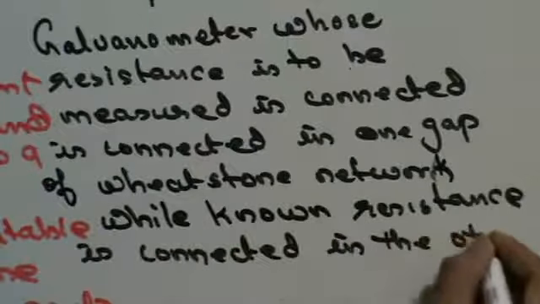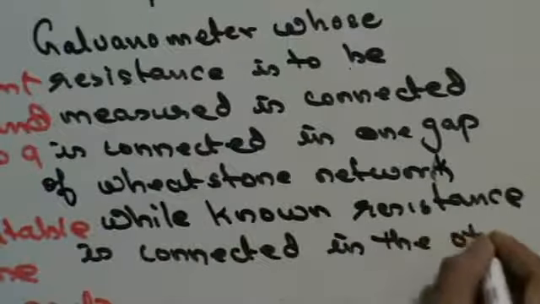Fine. Now you have the cell, key and the rheostat, that's your variable resistance, which are connected in series with the bridge wire.